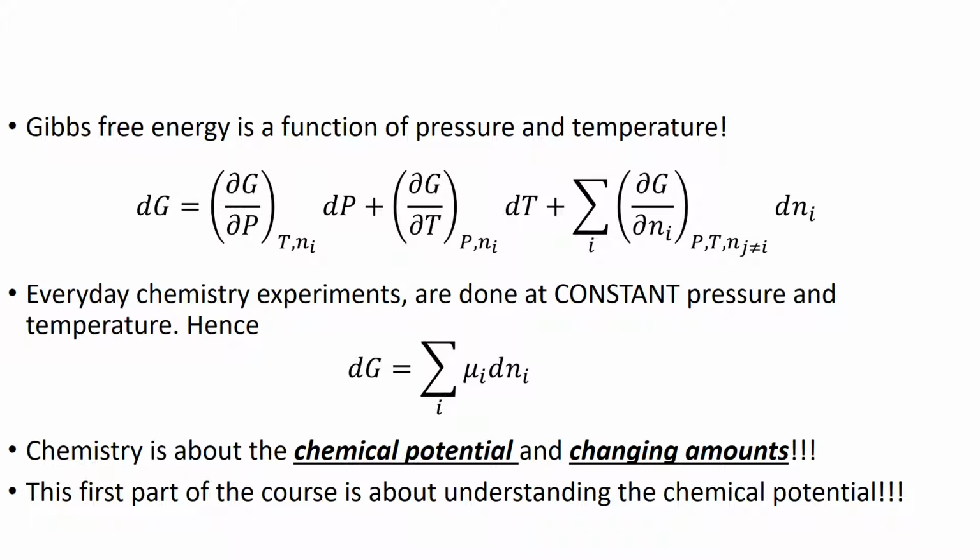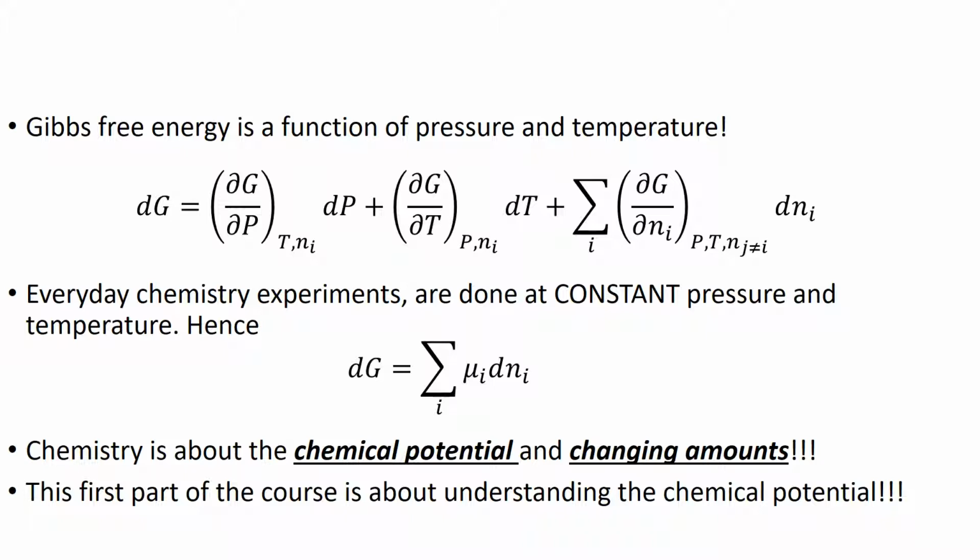So what's the change in pressure? The change in pressure is 0. dP equals 0. The same for temperature, dT equals 0. What you're left with is that the change in the Gibbs free energy is equal to the sum of all changes in the chemical potential times the number of particles. Chemistry is about the chemical potential and changing amounts.